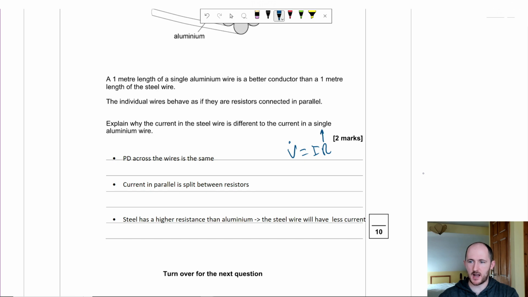If resistance is higher, it means the current has to go down. So again, I know I contradicted myself earlier, so that would have a lower current. That was a slip of the tongue, that's all it was. Because again, the potential difference is the same, but resistance is higher, which means current has to be lower to match it, right? So that's all there is to it. So again, apologies for that, but I spotted it a little bit too late.